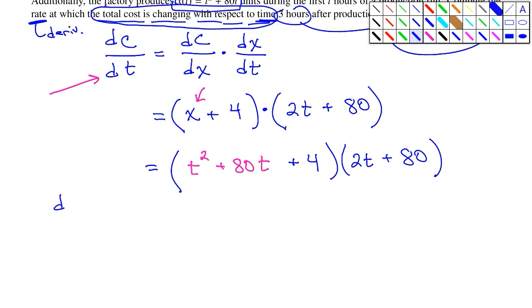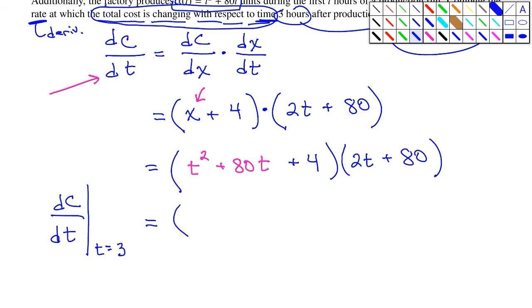So let me show you a little piece of notation here. dC/dt, you use a big vertical bar to the right side, and a subscript of t equals 3 indicates that you want to take the function on the left, dC/dt, and evaluate it at t is equal to 3.